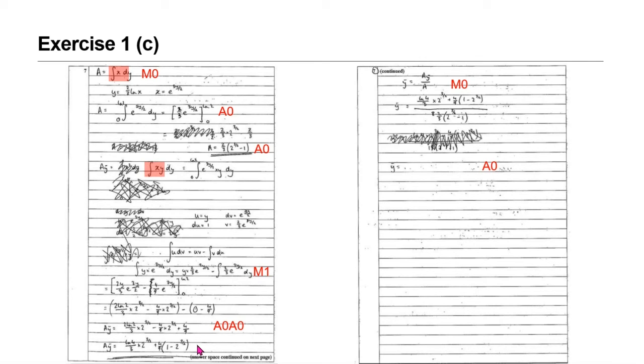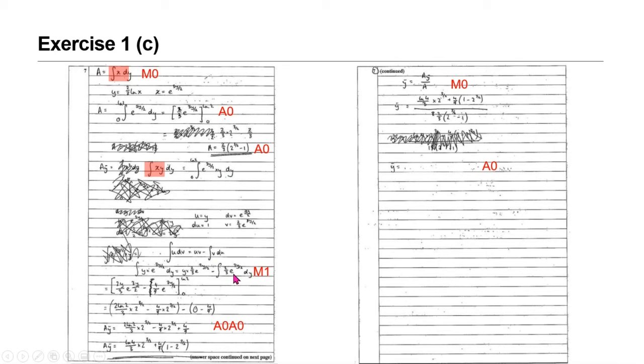But they have got an x in that integral as well, but they haven't quite followed through what they're trying to do. So it's not clear that they mean that x to be in the script just at this point here.